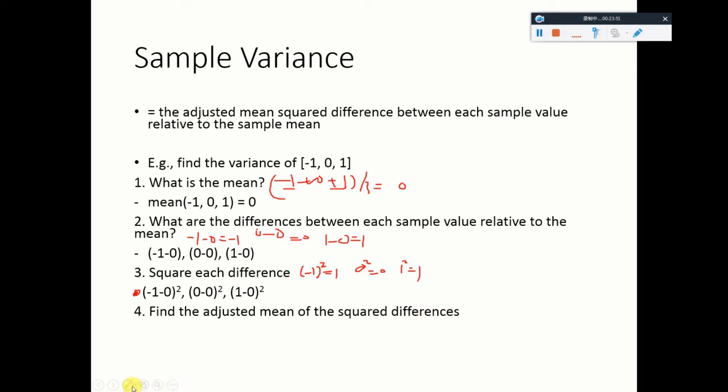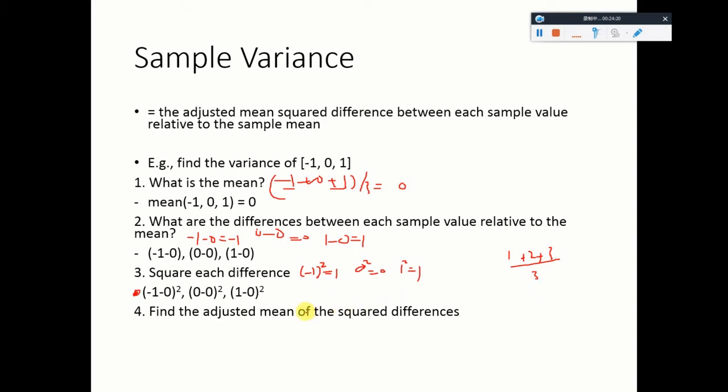If I ask you, hey, find the mean of these three values, find the average of these three values, what would you do? You sum them up and you count how many values there are. There are 3, so you divide the sum by the number of values. That's the mean of these three values, right? That's what we talked about yesterday.